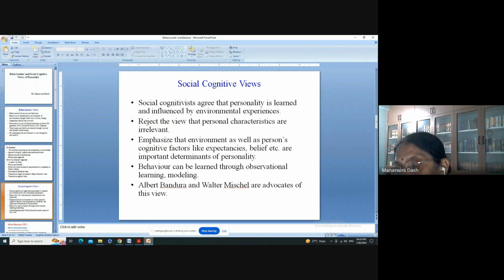They emphasize the role of environment as well as persons' cognitive factors like expectancies, beliefs, etc., on learning. They believe that personality can be formed by observational learning, modeling, and other cognitive learning techniques.